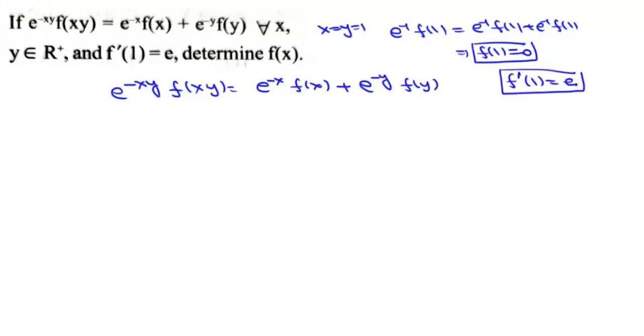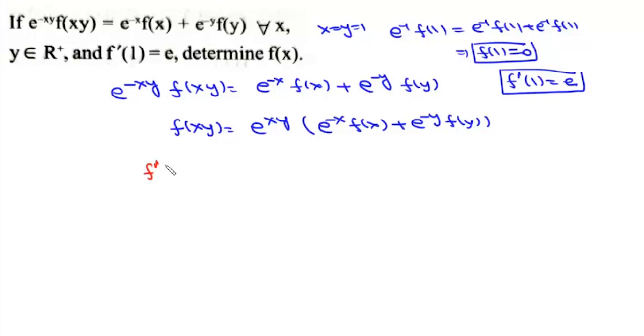Now what I'll also do is write this f(xy) as e to the power xy into e to the power minus x f(x) plus e to the power minus y f(y). Now we'll find f dash x.